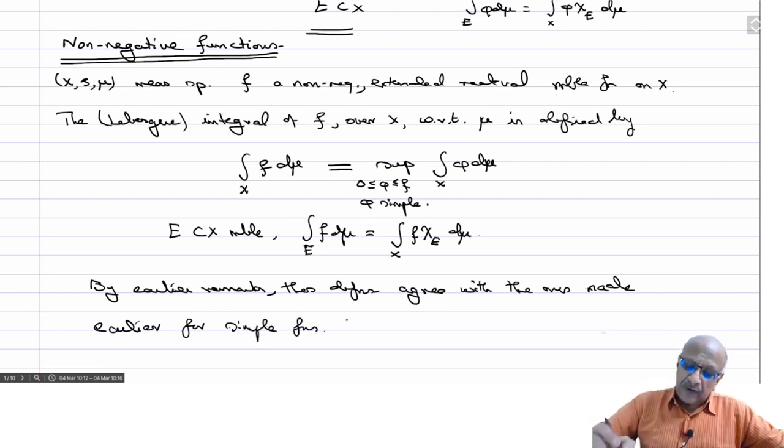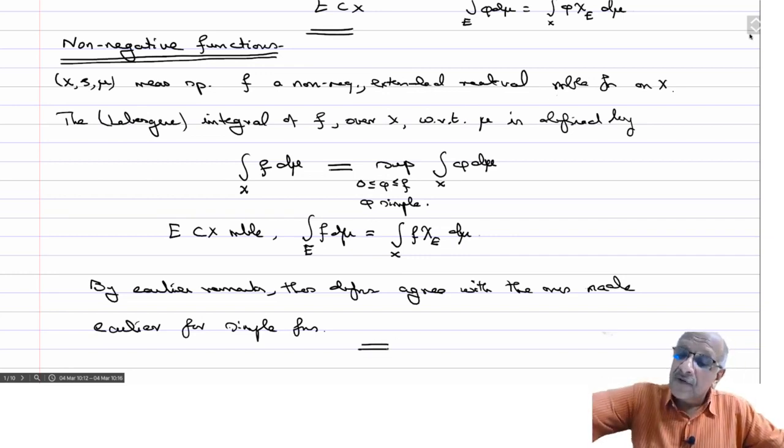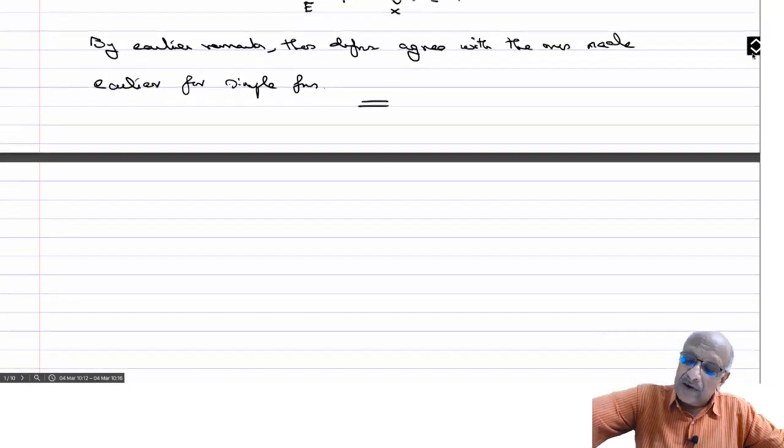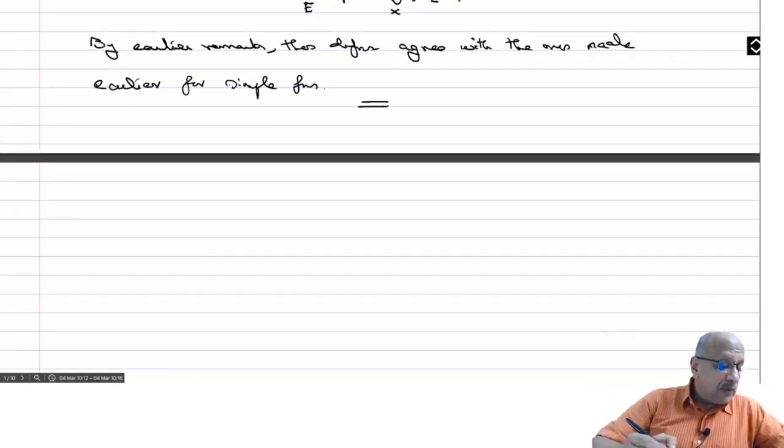So if f is a simple function, then this definition agrees with the previous definition. Okay, so that is obvious from the two remarks which I made at the end of the previous video. So please go and check those.